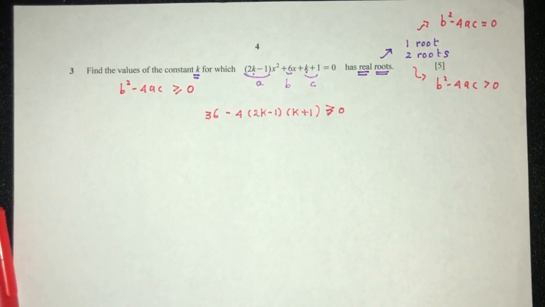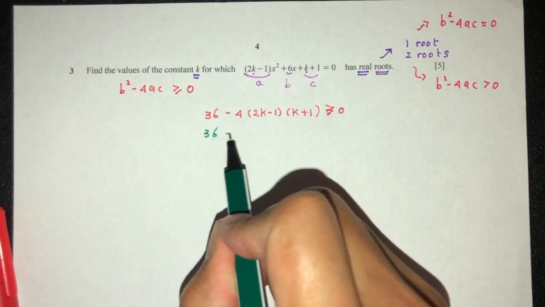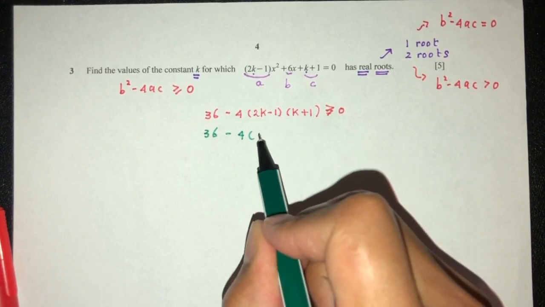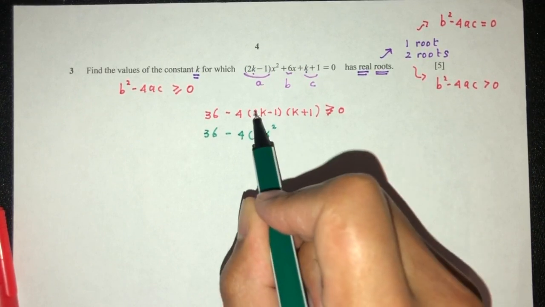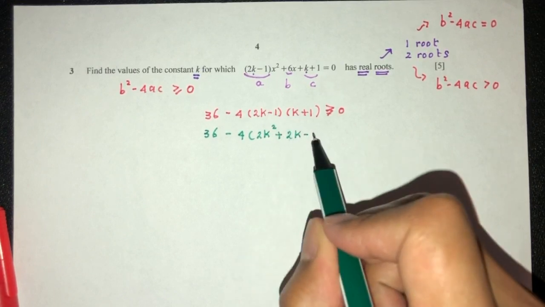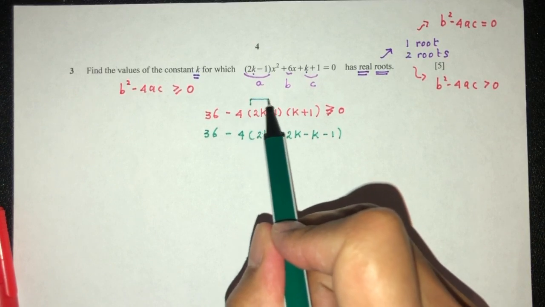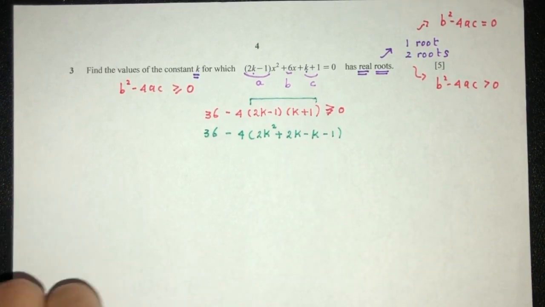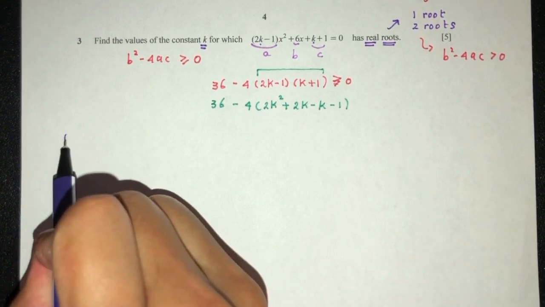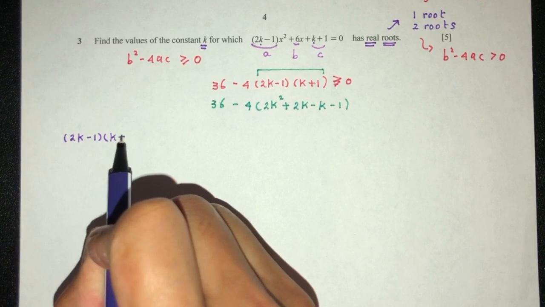Now let's try to simplify. Here we have 36 minus 4, and then 2 times this will be 2k squared, 2 times this will be plus 2k, minus k, and minus 1. Again, you have to know how to expand this. It is pretty easy, so if you don't know, let me show you. This is supposed to be a detailed explanation. Here we have 2k minus 1, k plus 1.